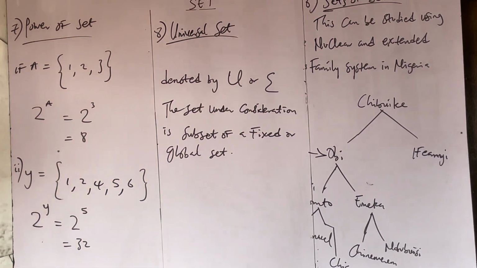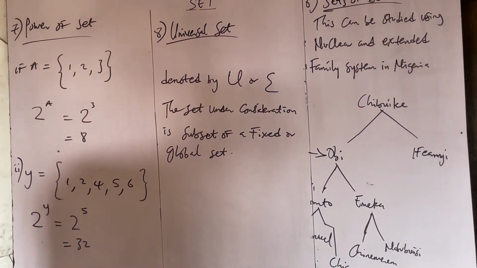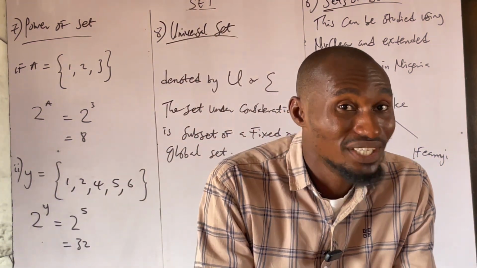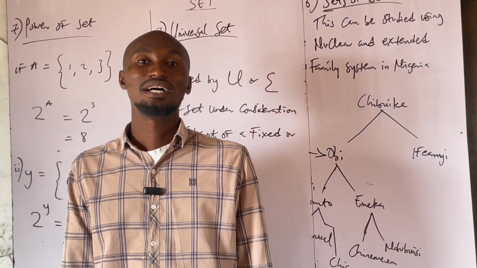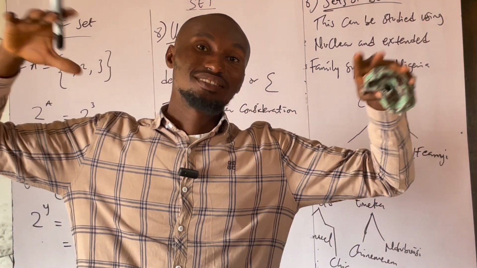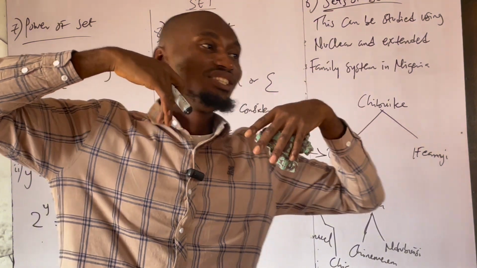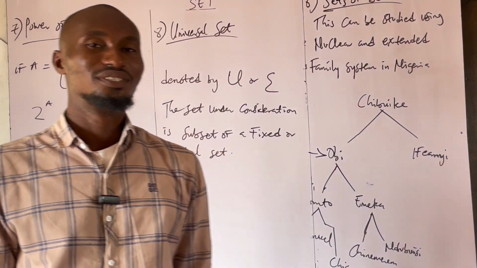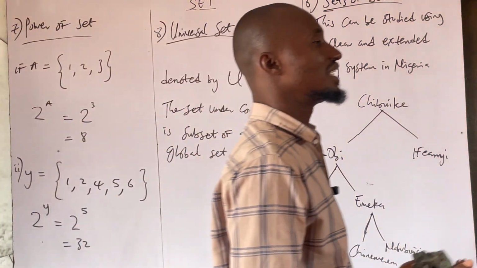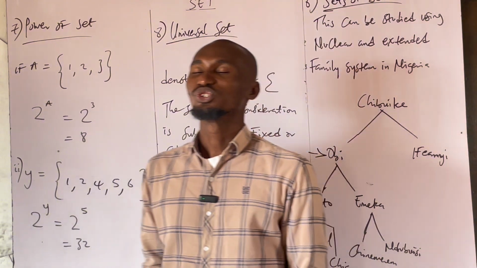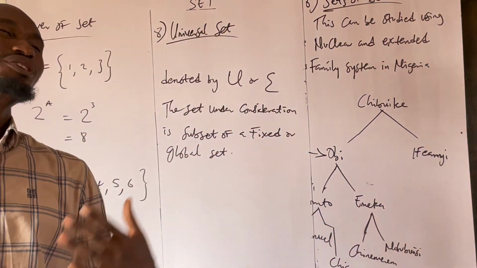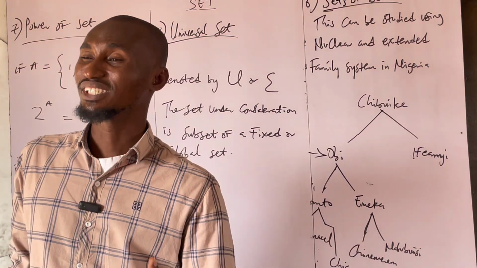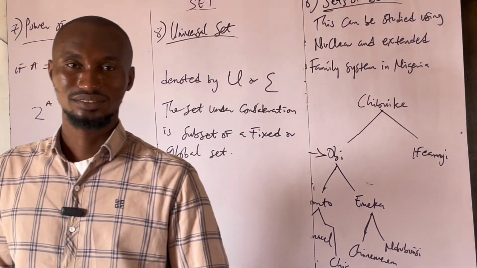So if we are to discuss engineering students at FUTO, we're talking about FUTO students at large, right? When I mean FUTO, I mean engineering students at Federal University of Technology, Owerri. So we are talking about Federal University of Technology, Owerri students at large. So this is a typical example of universal set.